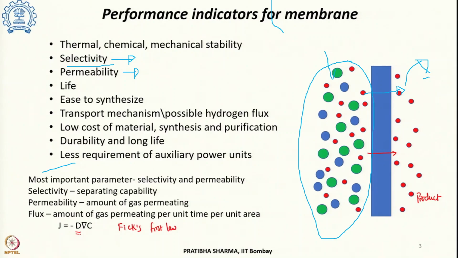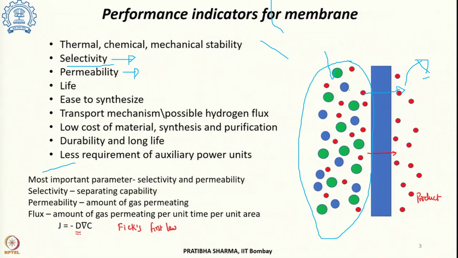Exactly. Selectivity means out of the different gases, out of four or five gases, only the hydrogen will pass through the membrane. That property, that the membrane will only select the hydrogen and permit the hydrogen to pass from one side to the other side, is called selectivity.